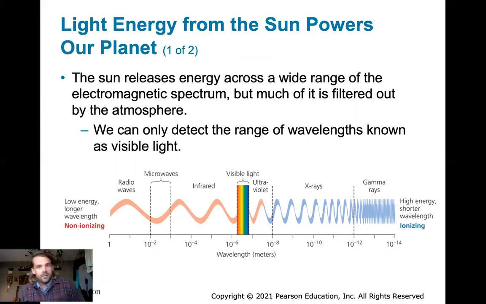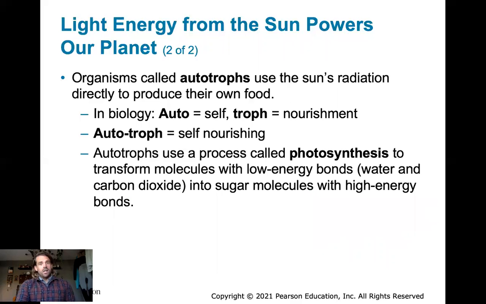That TED Talk touched on it briefly, but a lot of it's filtered out by the atmosphere, and we can only see this very, very narrow range of visible light. Okay, so this is the electromagnetic spectrum, and the sun produces this energy, and that's what really drives this planet.